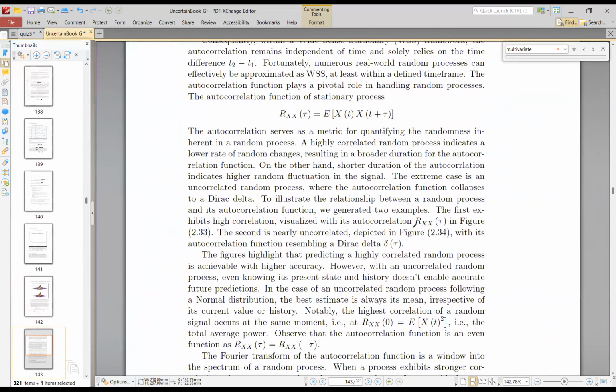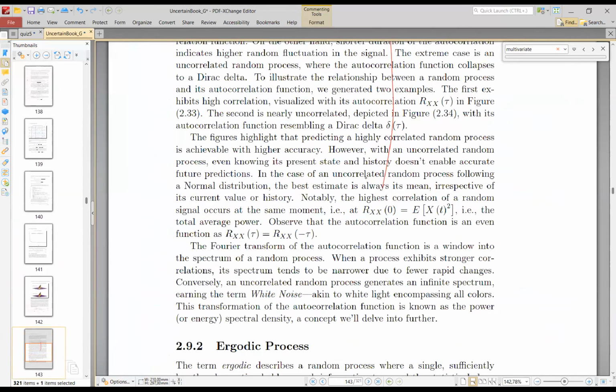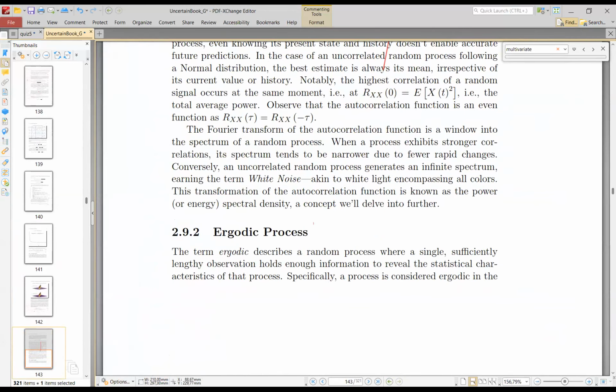Okay, now we can also talk about an even simpler form, which is called the ergodic process. What is the meaning of ergodicity? Actually, ergodicity makes dealing with the random process much easier than before. Okay, why?